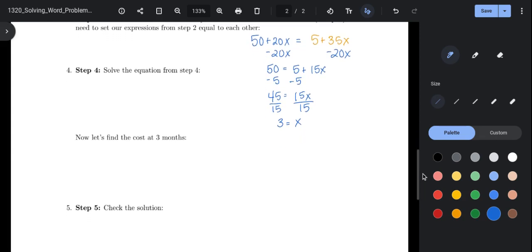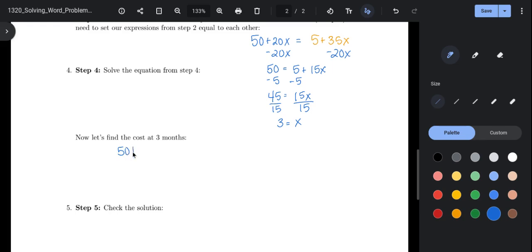Remember that the second question of our word problem was asking us to find that cost when they are equal. So in this case, how much does each gym cost at 3 months? Since we know that they're the same at 3 months, I can choose whichever one of these expressions to plug in 3 for my x. So I'm just going to use the one on the left for gym 1.